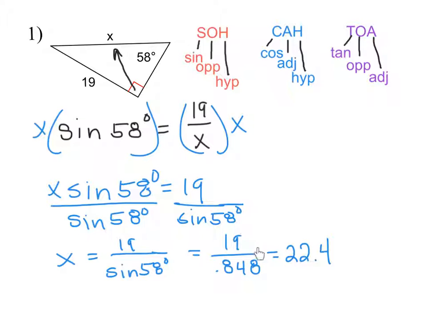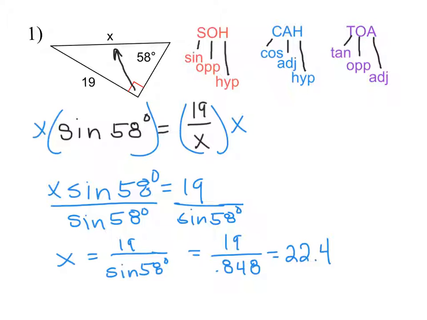Or we can do this whole division all at one time, putting in 19 divided by sine of 58 degrees. You can do it either way. Either do it all at one time, or first find the value of sine of 58 degrees and then do 19 divided by 0.848. That gives us 22.4.